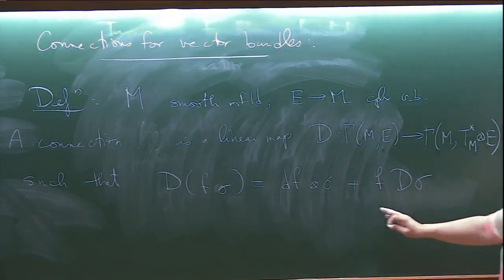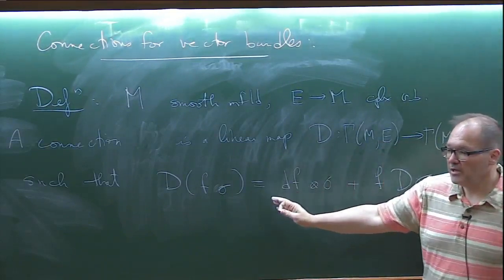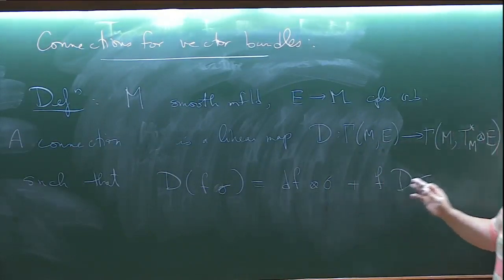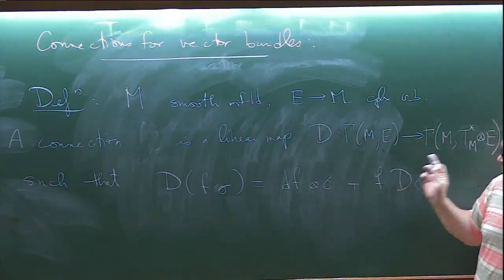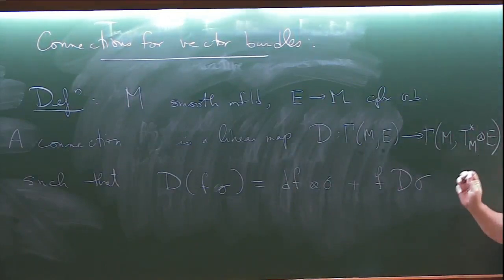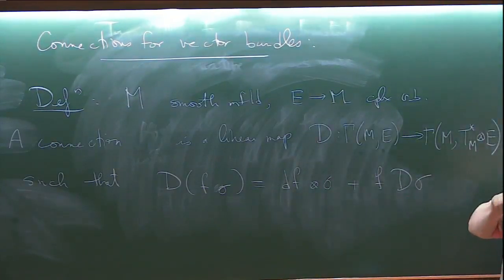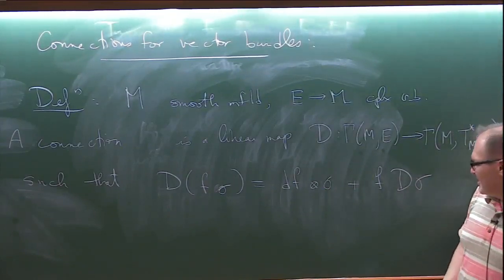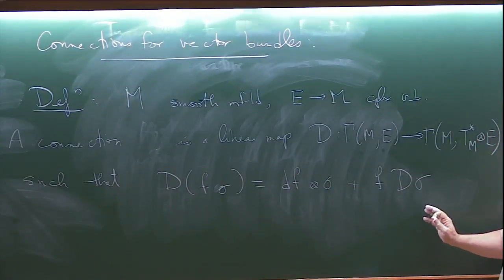So this is the part that differentiates the coefficient. And if we were lucky, if this vector bundle were trivial, for instance, this would already be a well-defined section of this. But in general, this won't be a section of this bundle. So just forget what I was just saying. This is the correcting term, if you like, in some sense.